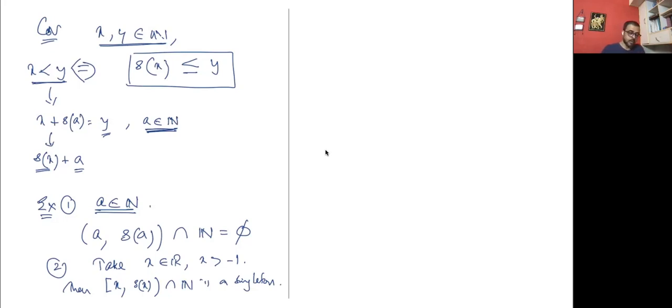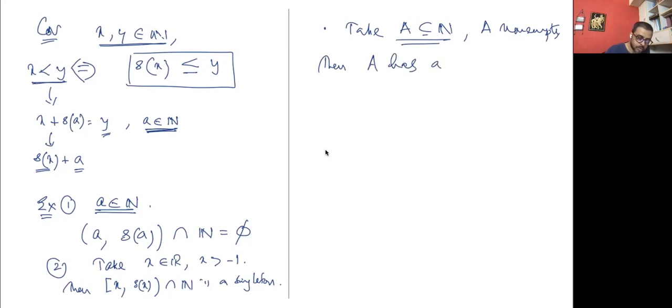Okay. Now, next comes one important property of the set of natural numbers. Suppose you take a non-empty subset. Smallest element. So what is a smallest element, largest element?